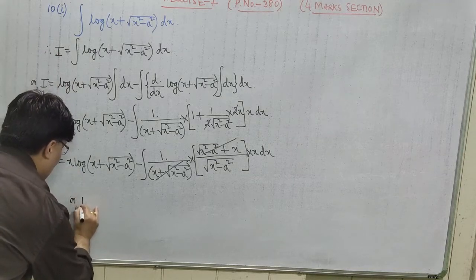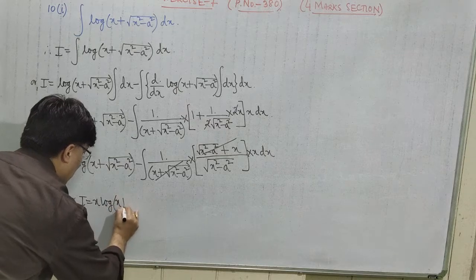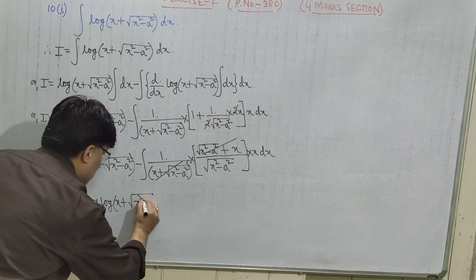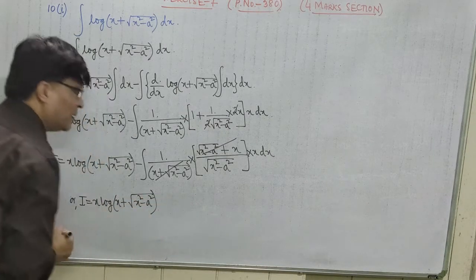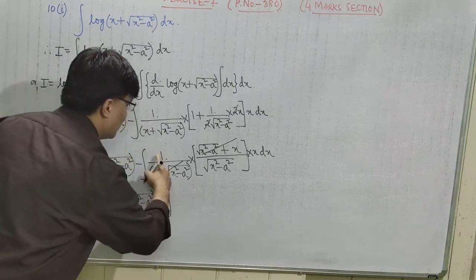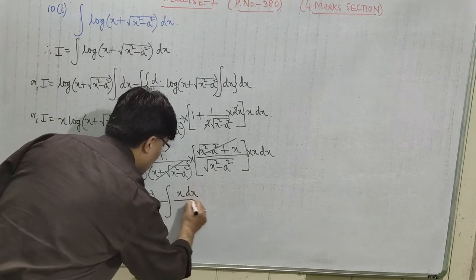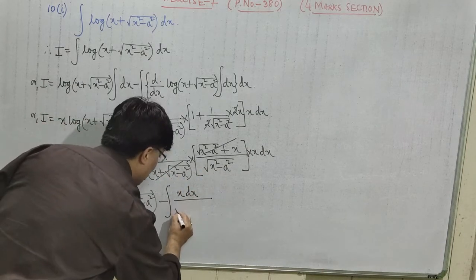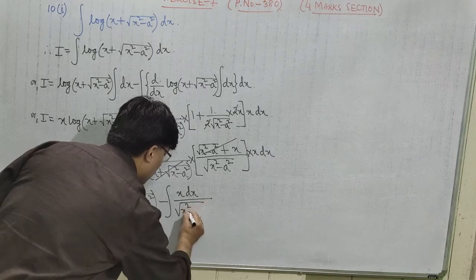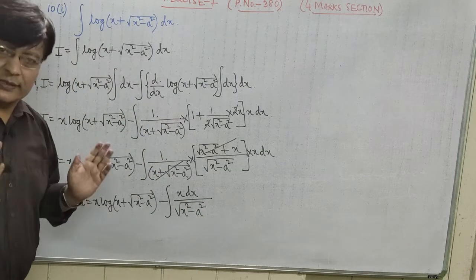So I is equal to, this is your x log of x plus root over x square minus a square. Okay, then minus sign is there. Integration of, this is your x dx divided by, in the denominator you have to write root over x square minus a square. Is that clear?